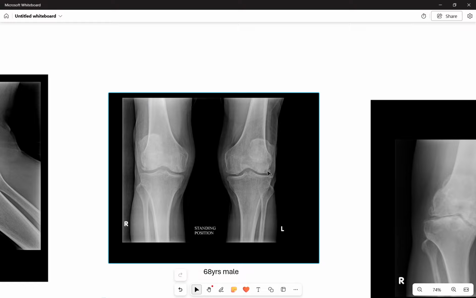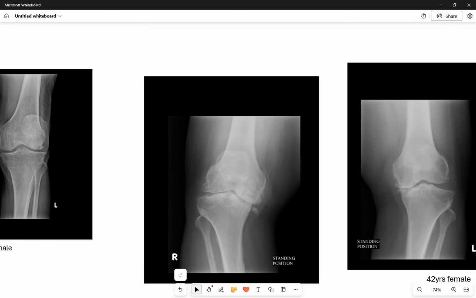Similarly, over here, some of the cartilage is abnormal. For the rest of the cartilages, here also there are some very minor changes. So these are early changes of osteoarthritis. A 68-year male would normally have some changes, but it's not necessary. Osteoarthritis is a disease of the elderly patient, but all elderly patients do not suffer from osteoarthritis.